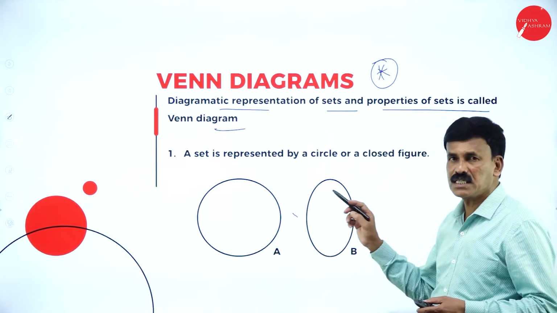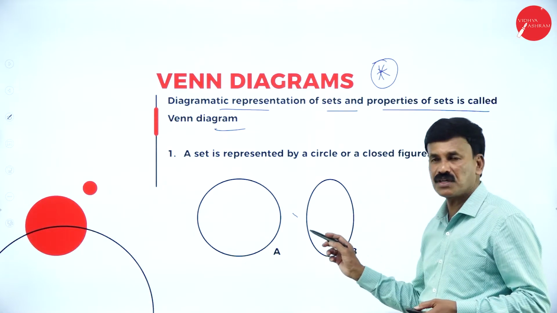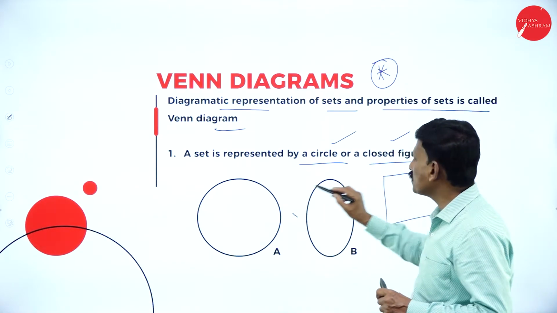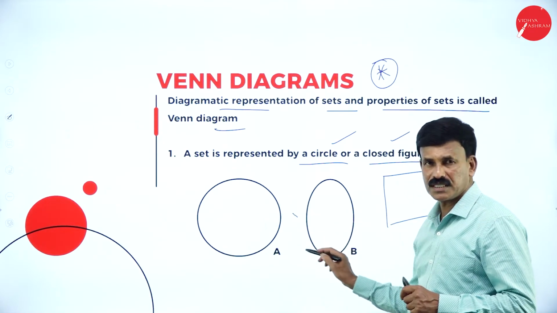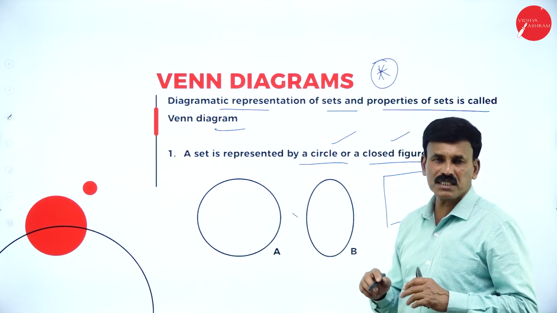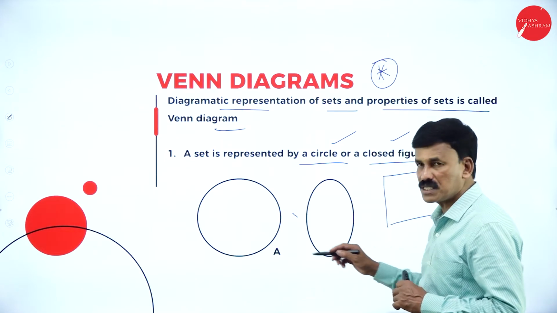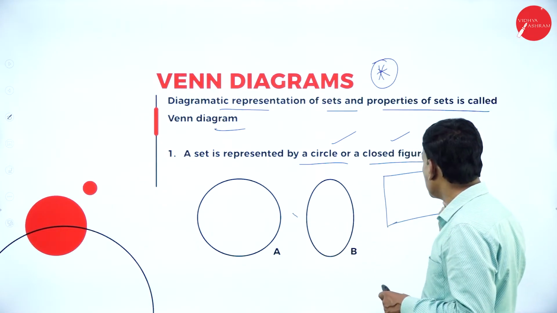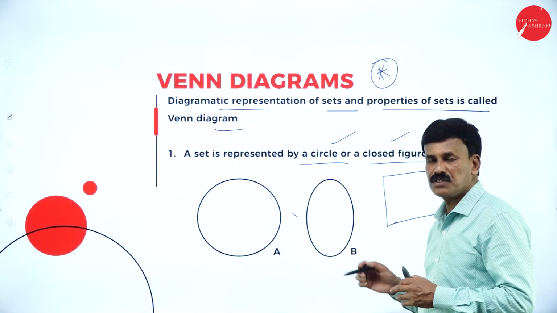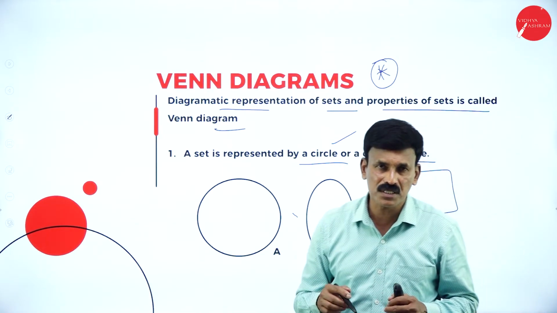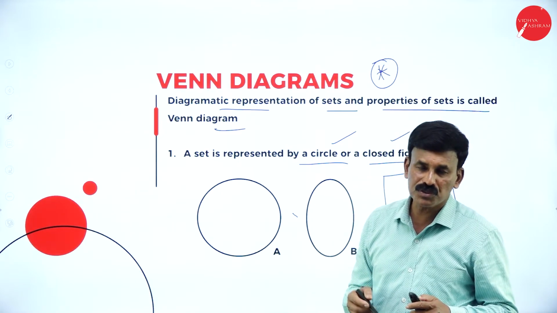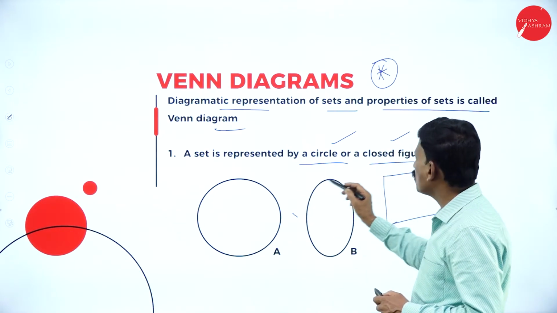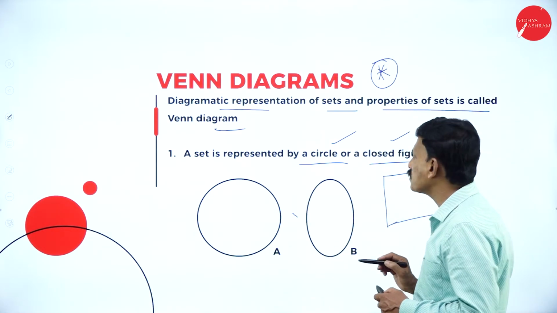A set is represented by a circle or a closed figure, like A and B. These are the diagrams which we usually use to solve problems using Venn diagrams.